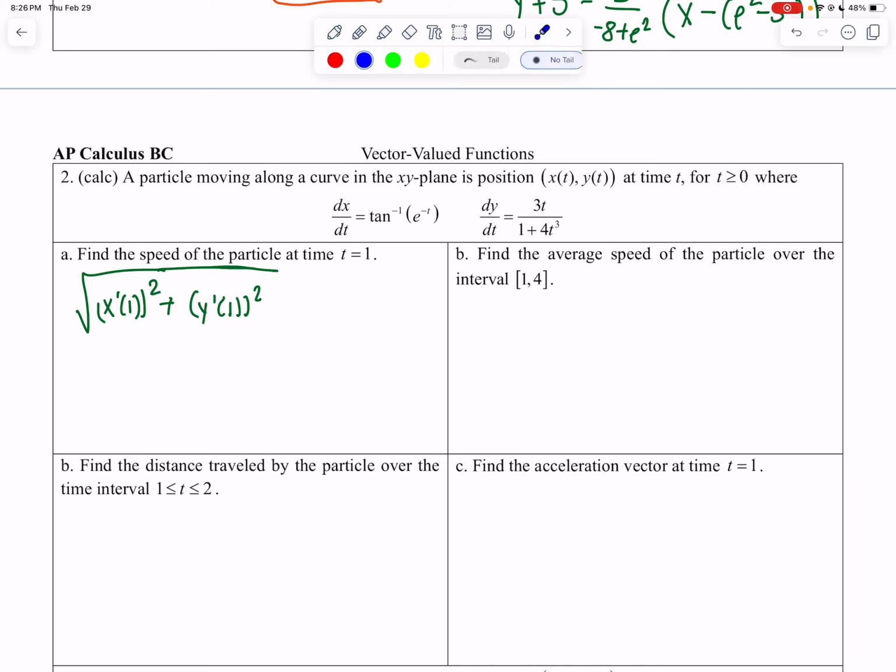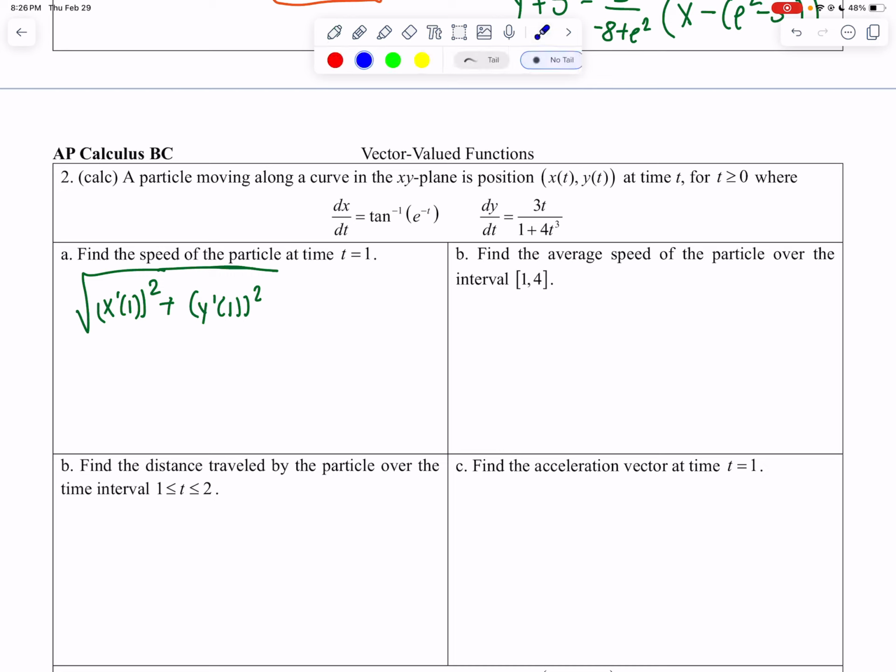Part B says find the average speed of the particle over the interval 1 to 4. Whenever we're talking about average speed, that's going to be 1 over 4 minus 1, times the integral from 1 to 4 of the magnitude of v of t, aka your speed.